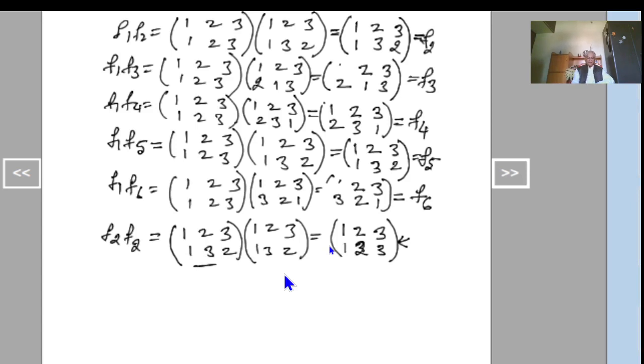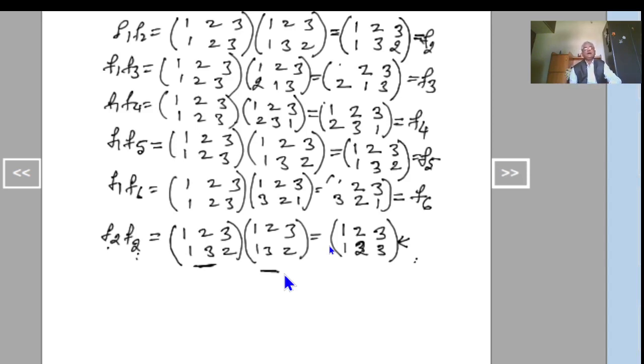And we are taking the product of this and this, and we are getting the identity element. That means these two are inverses. That is, F2, F2. The inverse of F2 is F2 itself. I am getting F2 into F2 equal to identity, so F2 is its own inverse.